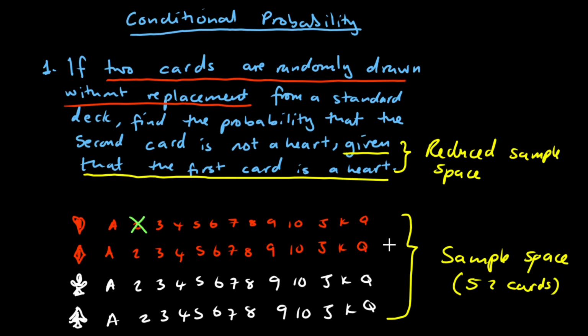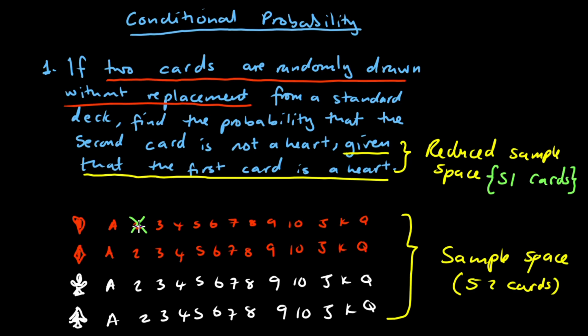So how many cards are left now? I'm left with 51 cards. Why? Because when I took out one heart card, I did not return it, because it was without replacement.